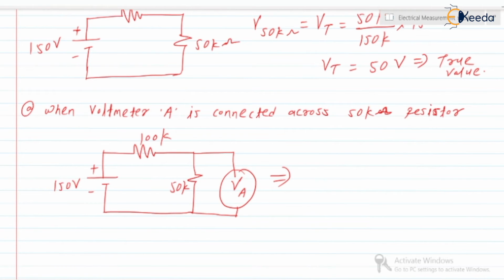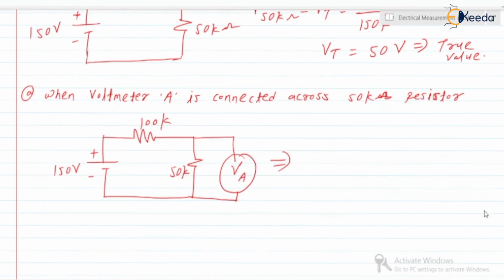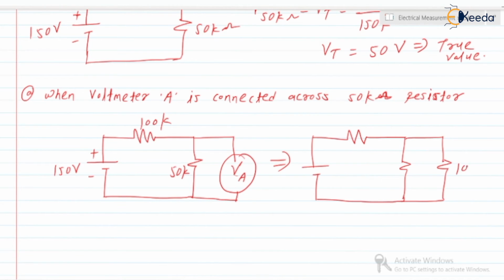Yes, what is the resistance of the first voltmeter? It is 100 kilo ohm. So this branch can be replaced with 100k. Equivalently we can draw it as 150 volt, 100k, 50k, and here 100k.